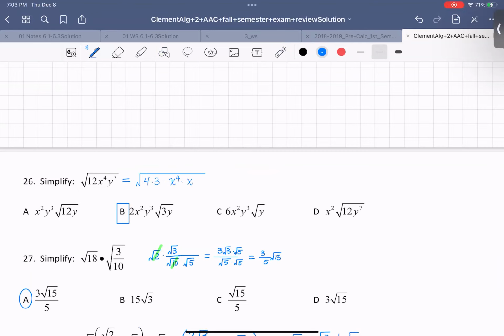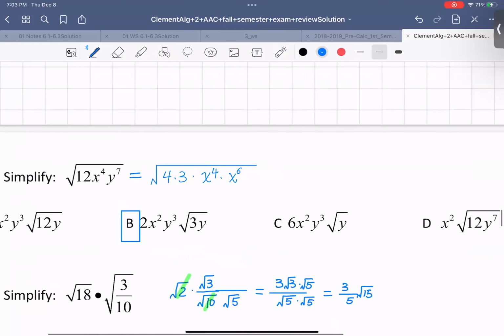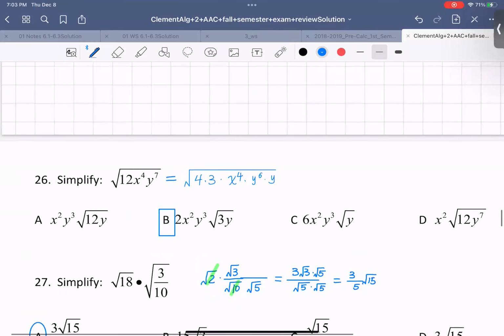X to the power 7, I will rewrite this as y to the power 6 times y. So who can go out? 4, which becomes 2. And who else? X squared. And? Y to the power 3. So under the square root will be who? 3 and y. Very good.